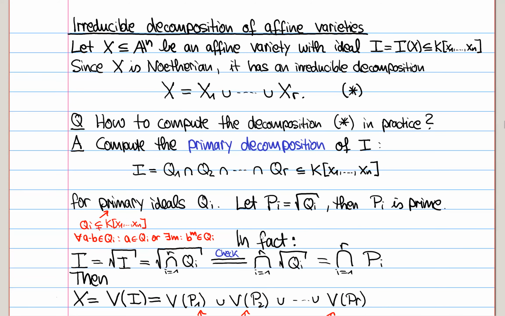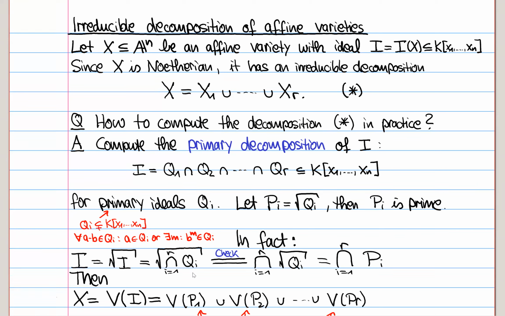And then we can use this to upgrade a bit our primary decomposition using something about I. Namely, what we know is that the ideal of such an affine variety is always a radical ideal, which means I is the radical of I, and then we take such a primary decomposition and plug it in here.